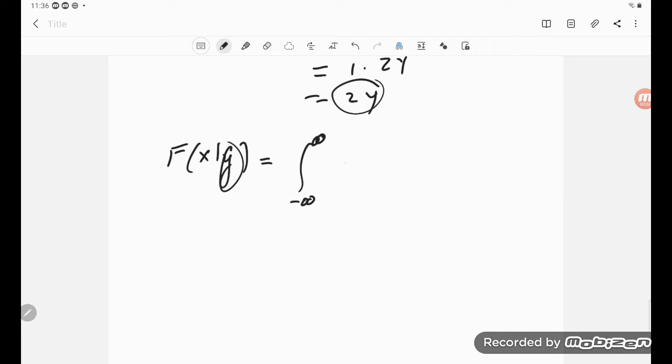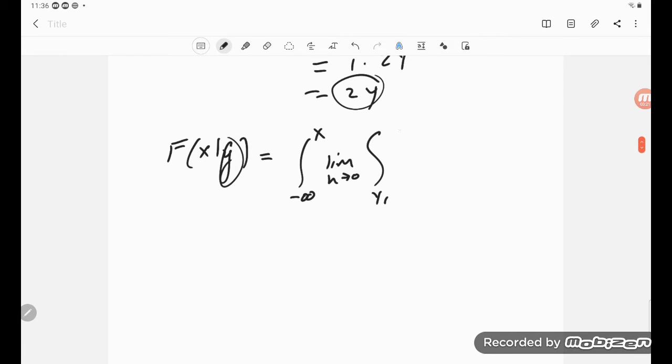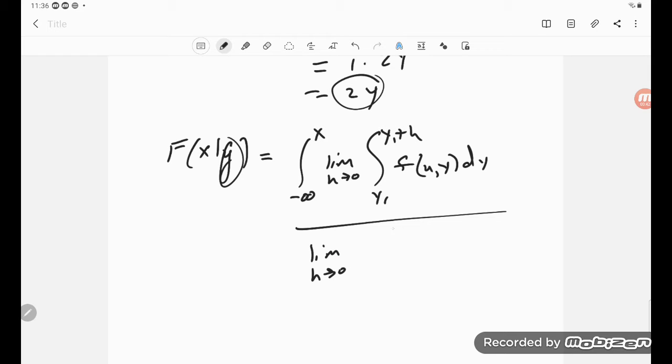Now, this part, though, let's take the limit as h goes to 0 of the integral from y1 to y1 plus h of f of u and y dy, divided by the limit as h goes to 0 of the integral from y1 to y1 plus h of fy of y dy.